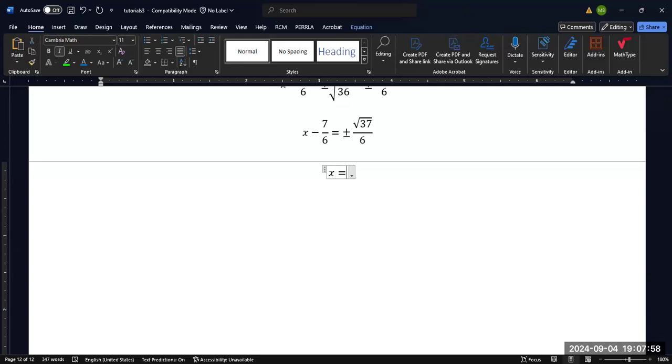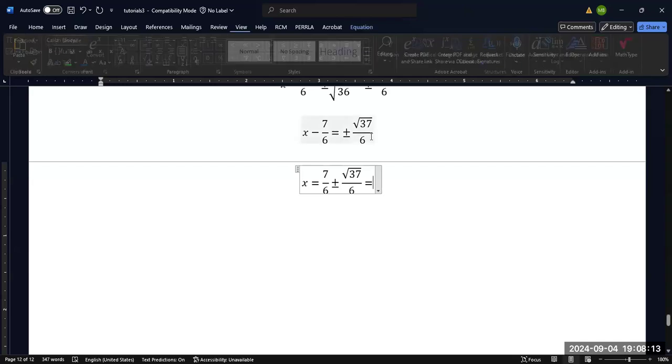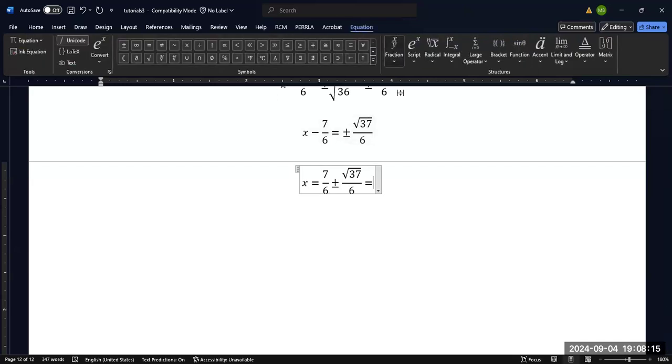So x is equal to positive 7 over 6 plus and minus the square root of 37 over 6. And since these have a common denominator, I can rewrite it as a single fraction, 7 plus or minus the square root of 37 over 6.